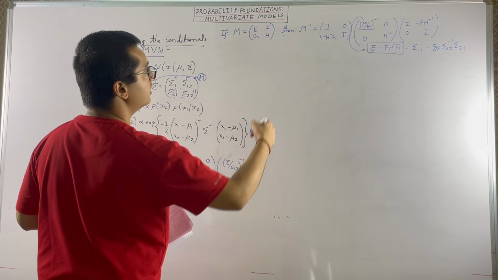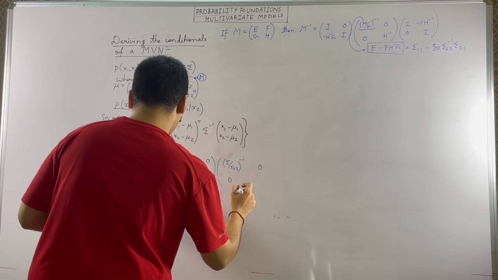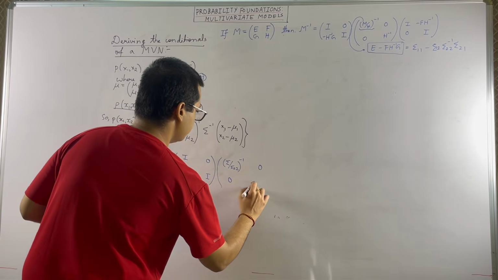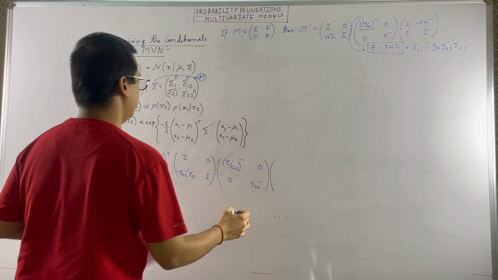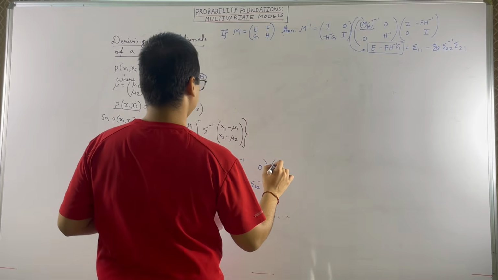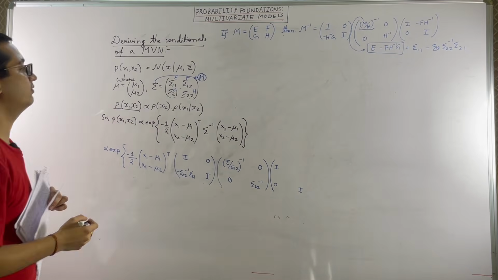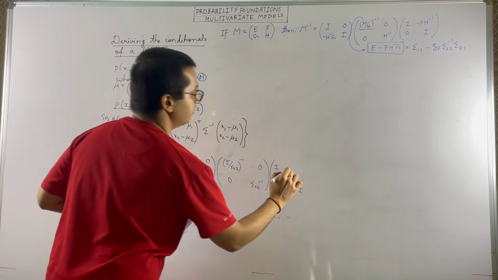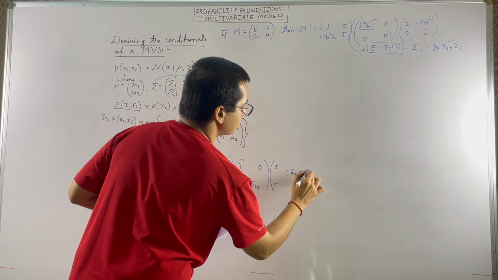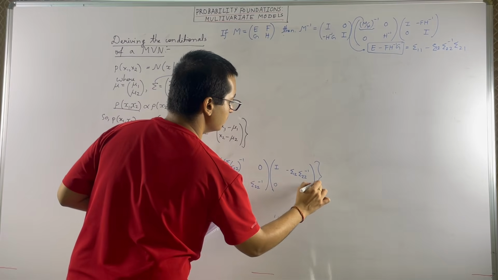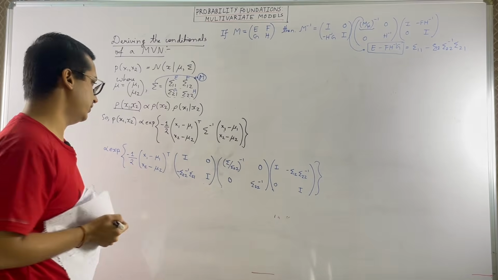This is sigma 2 2 inverse. And what is the next part? I, 0, I, minus F H inverse. So what is minus F H inverse? Minus sigma 1 2 sigma 2 2 inverse. So looks big, but we will simplify this part.